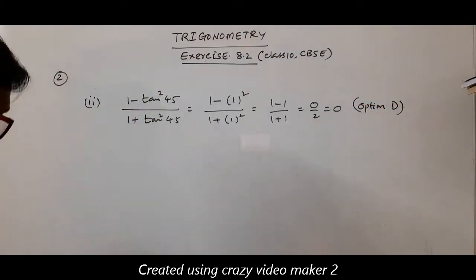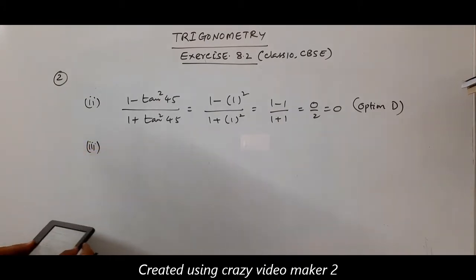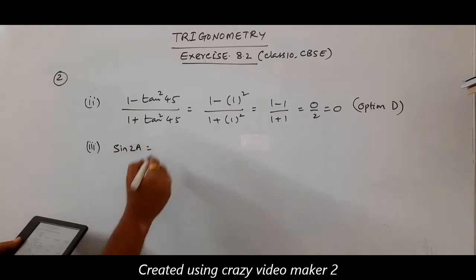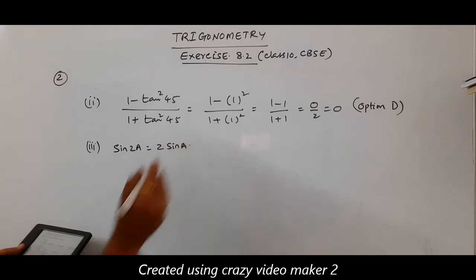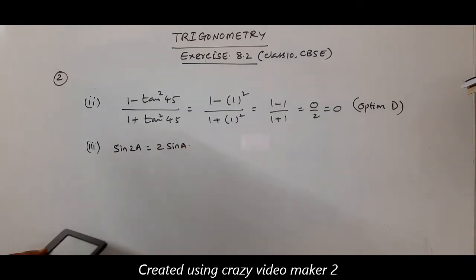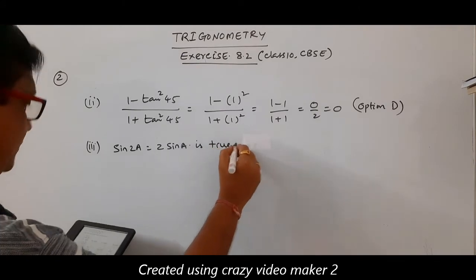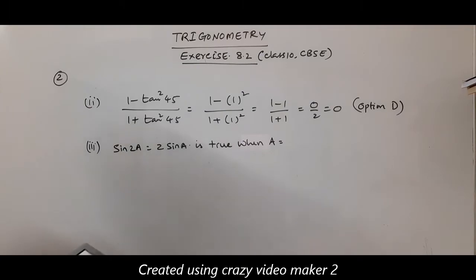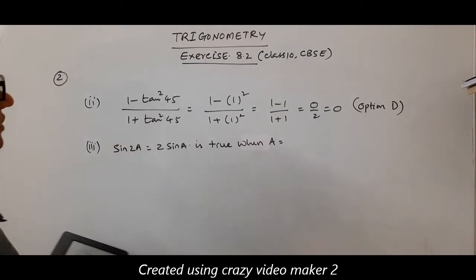Next, third question. sin 2a equal to 2 sin a is true when a equal to, so four options are there: 0 degrees, 30 degrees, 45 degrees and 60 degrees.